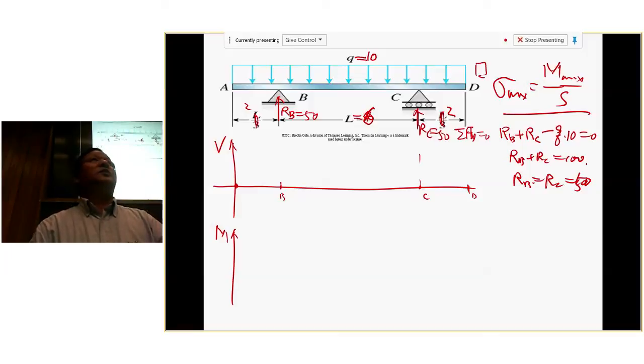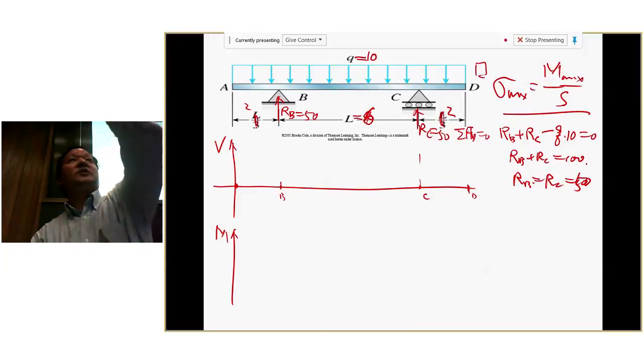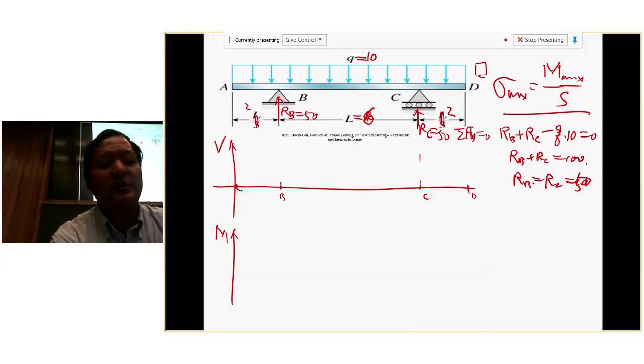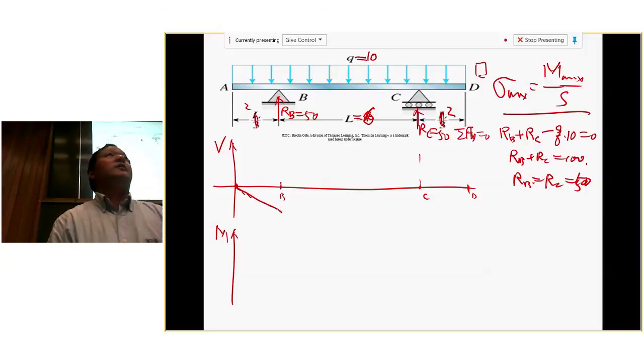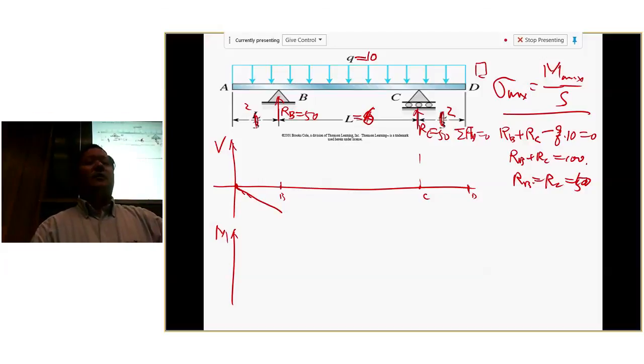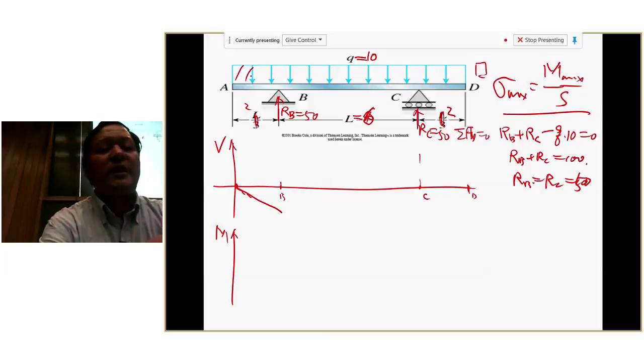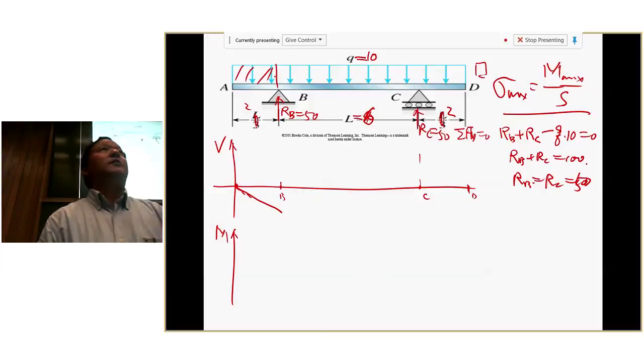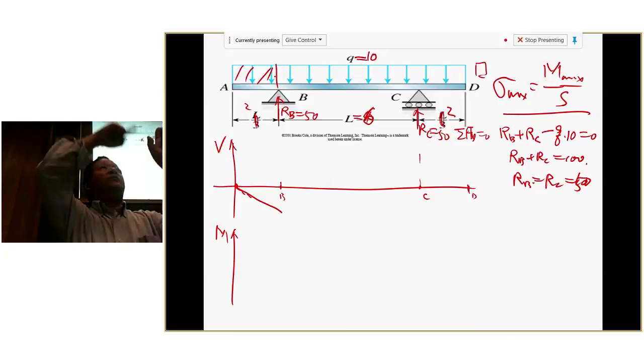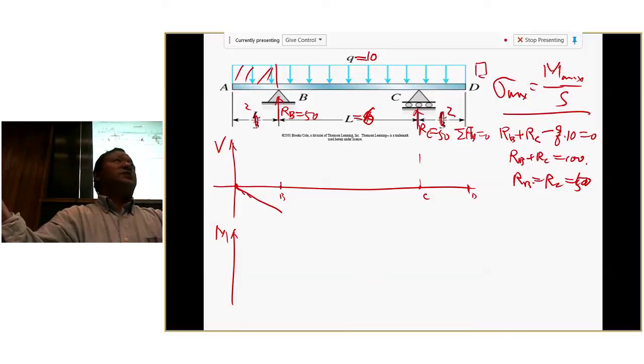You see a distributed load, all the small forces pushing downward. Like you have a lot of small p values pushing down, right? So you go down a little bit, down a little bit, down a little bit. So basically, a straight line going down. Or in other words, you calculate this area. You change by this area, right? Integration of Q equals V change with a negative sign, right?